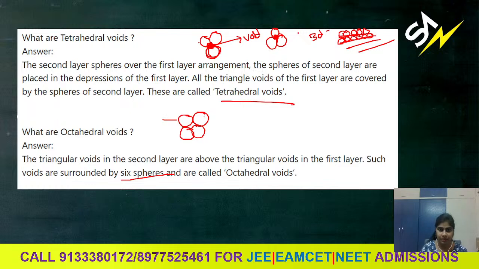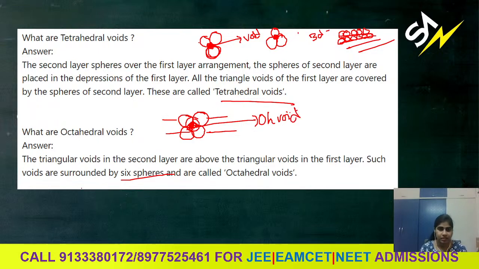These 2 come in 1 layer and these 2 come in 1 layer, and we have one more sphere on the top and one more sphere on the bottom. Assume it in a 3D way. The space formed in between these spheres is known as an octahedral void.